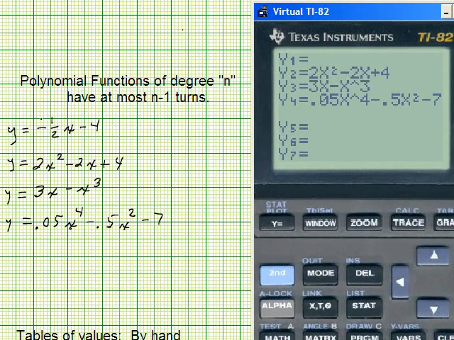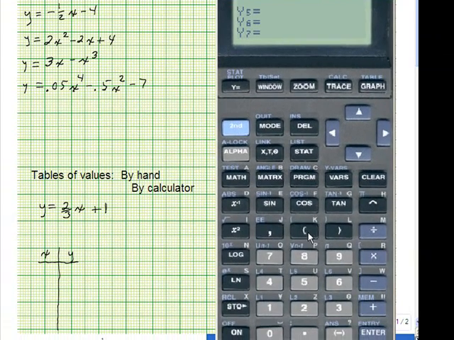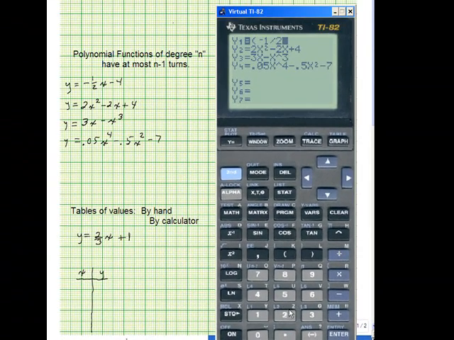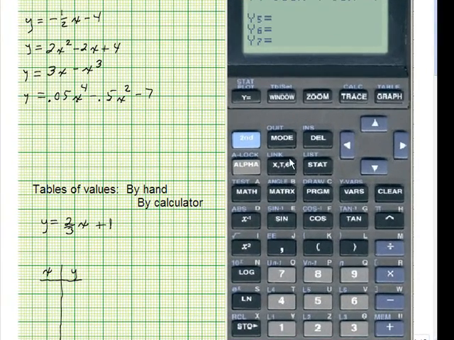When you're entering a fraction into your graphing calculator, always put it in a bracket. Not doing so can cause you a lot of trouble. So I'm going to put this negative a half in a bracket. I'll go open parentheses, negative sign, 1 divided by 2, which is a half, close parentheses. And then it's negative 1/2 x minus 4, so I hit x with the x t theta key, minus 4.